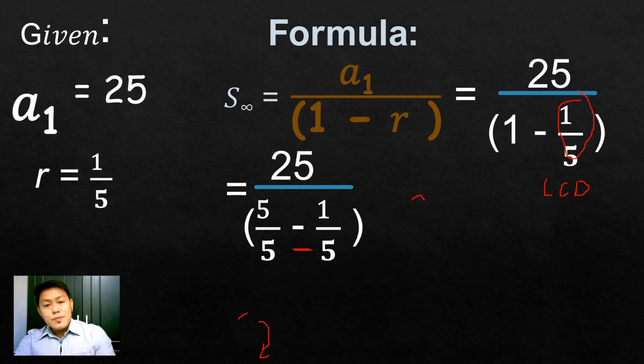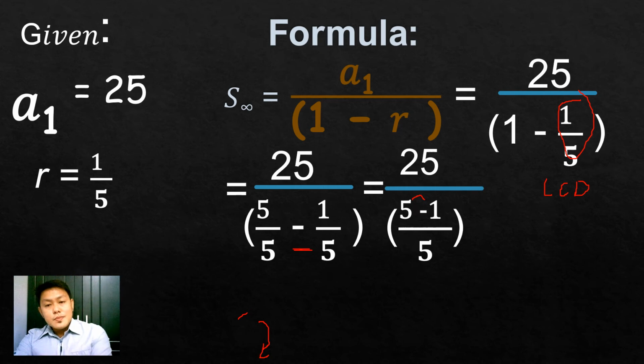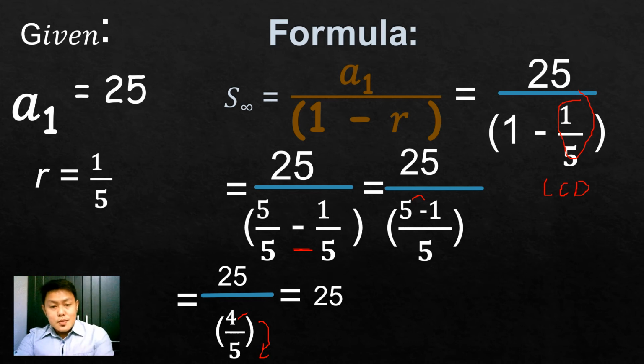So 5 over 5 minus 1 over 5 equals 4 over 5. Again, 25 divided by 4 over 5.